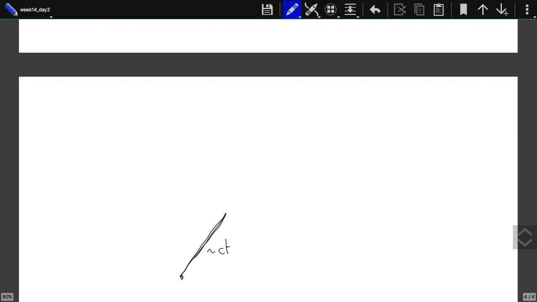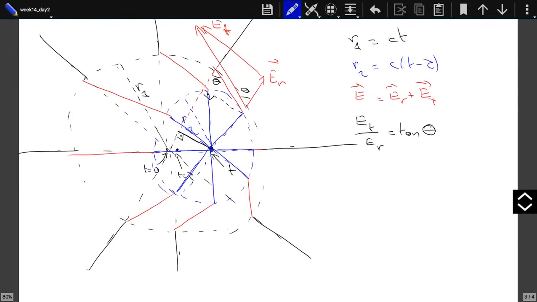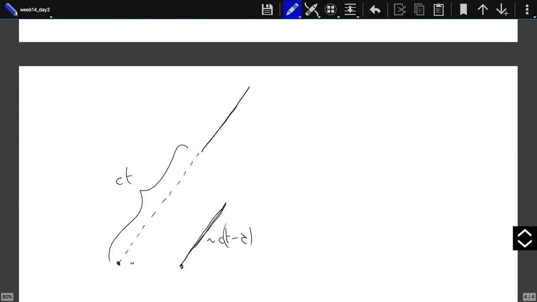And it continues for a distance that is approximately c times t. Then here I have another radial line parallel to that one, and it crosses this line here. And this distance is c times (t minus tau), and that distance is c times t. Do you agree?